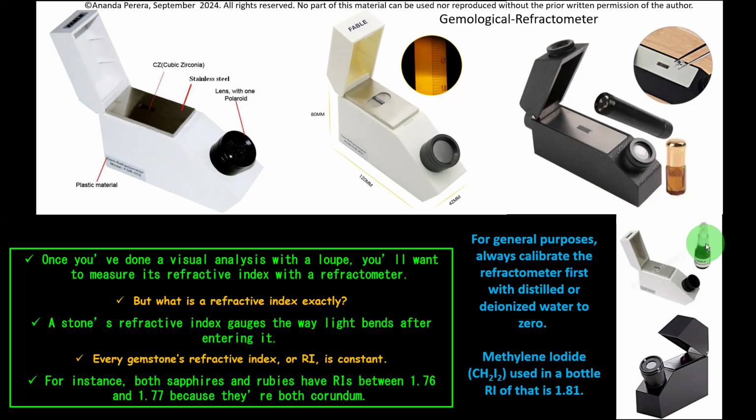So we use methylene iodide liquid to place in this place, and we use a faceted gemstone, or if it is a rough stone, we have to polish one facet and place it here.